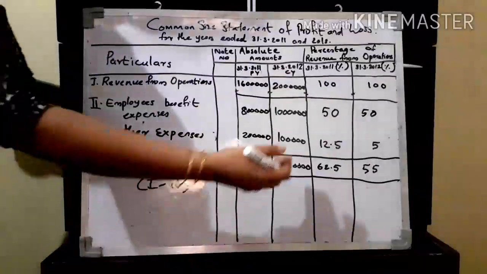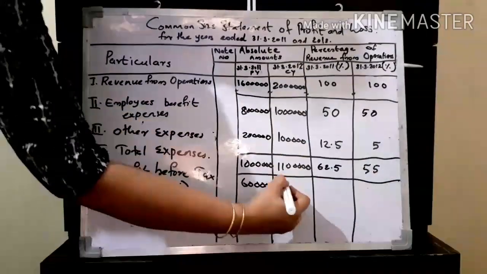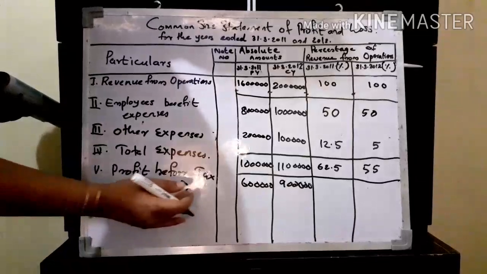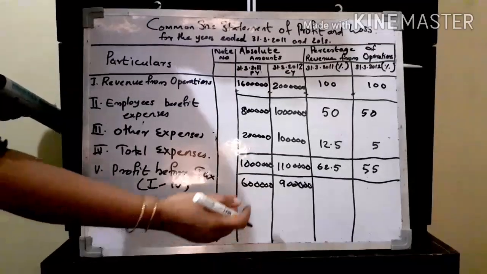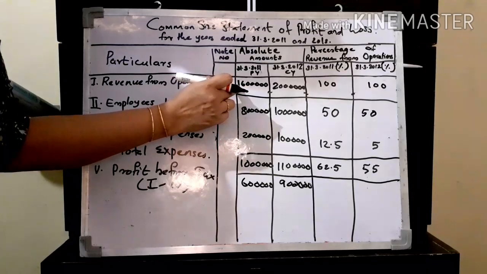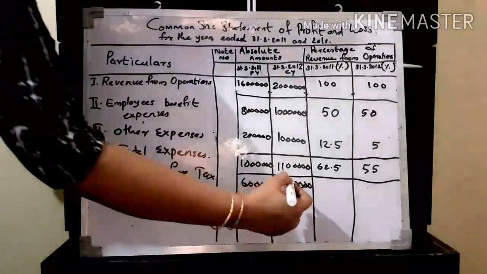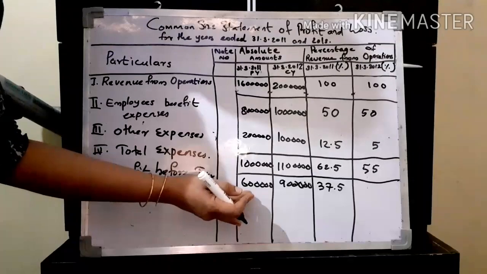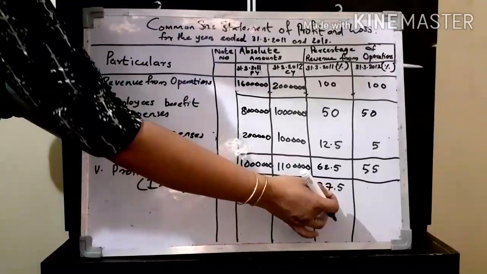In the current year, 20 lakhs revenue, 11 lakhs expenses, the difference is 9 lakhs. 9 lakhs is the profit before tax. The same way, next step, we calculate the percentage of revenue from operations: 6 lakhs divided by 16 lakhs into 100, that is 37.5%.